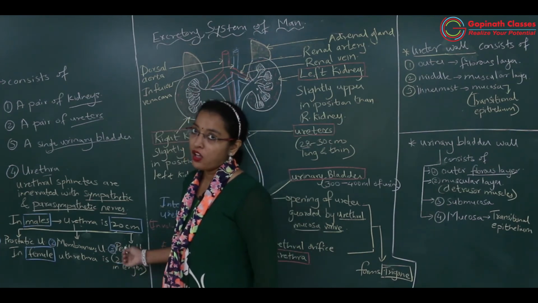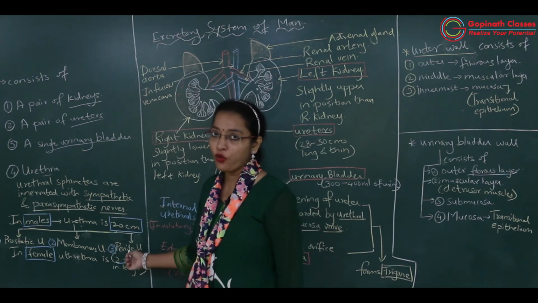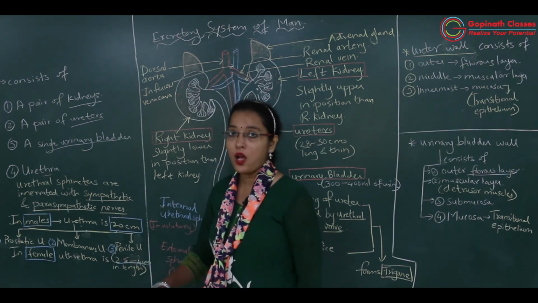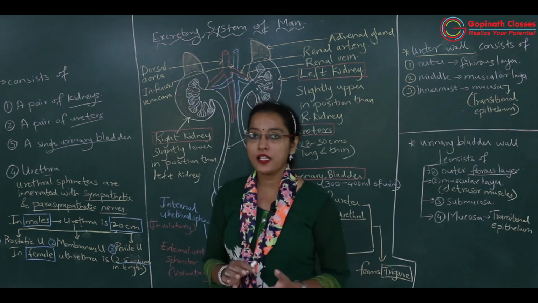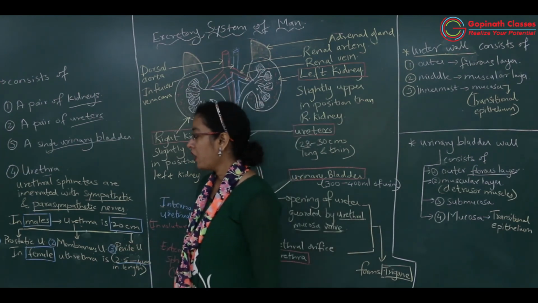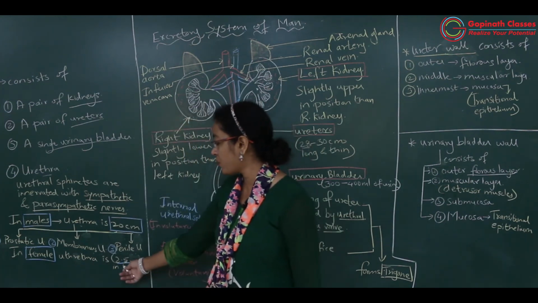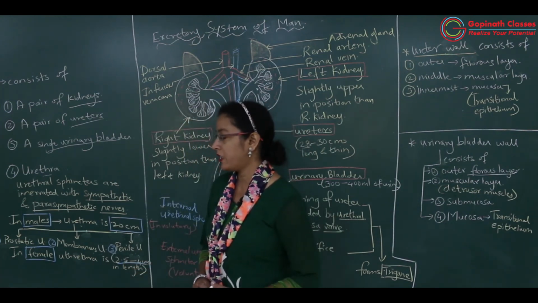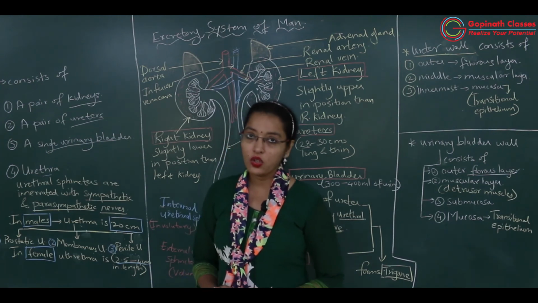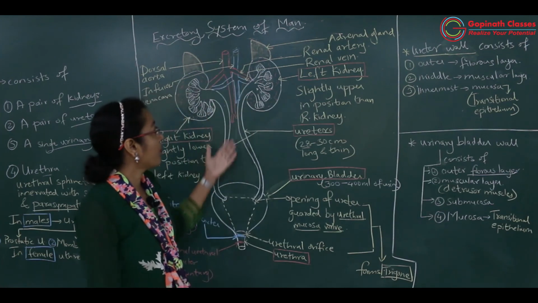Membranous urethra continues further in the penis in the form of penile urethra. Penile urethra opens at the tip of penis. Okay, and in females it is very small in size, that is 2.5 to 4 centimeter in length. Got it? So we have completed excretory system of man.